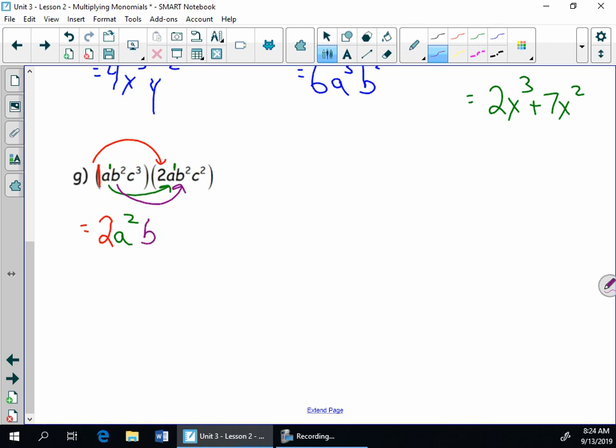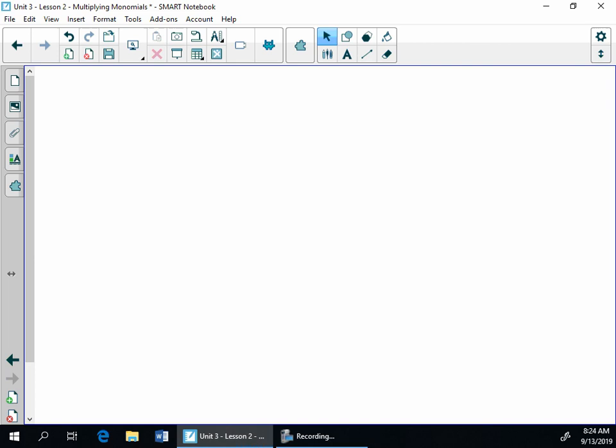I got 2 and 2, that makes 4. C's go with C's. I got 3 and 2, that makes 5. There's my expression: 2a to the power of 2, b to the power of 4, c to the power of 5. Okay, and that's it. As far as I can go with that thing, because there's nothing left to do with it.